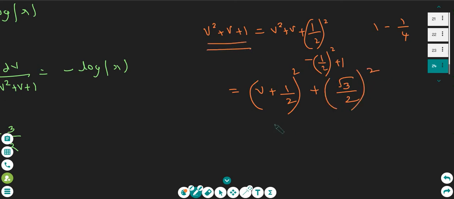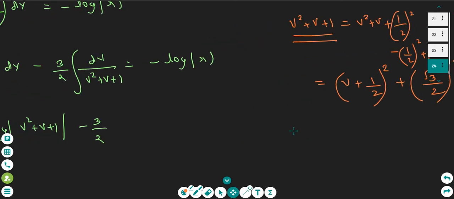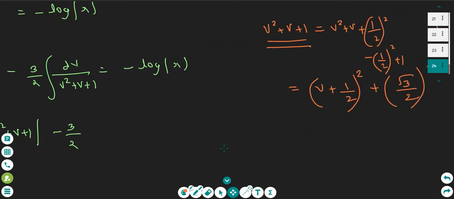So finally we have written this in the form of squares, completing the square. Do you understand this? Yes, sir. This is nothing but integrating the particular functions. We did this in earlier classes.